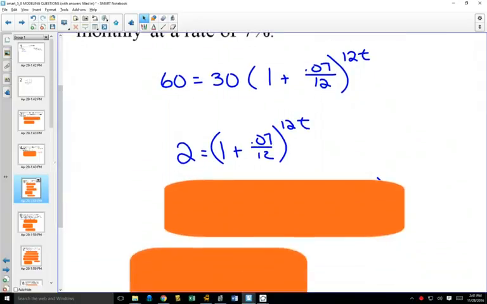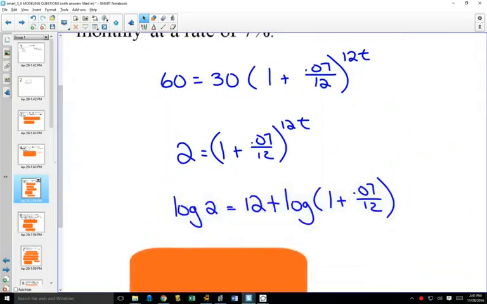So now we can take the log of both sides. Does it make sense that this exponent can come out in front now? And that's the reason we do take the log of both sides. We want to get the variable out of that exponent.